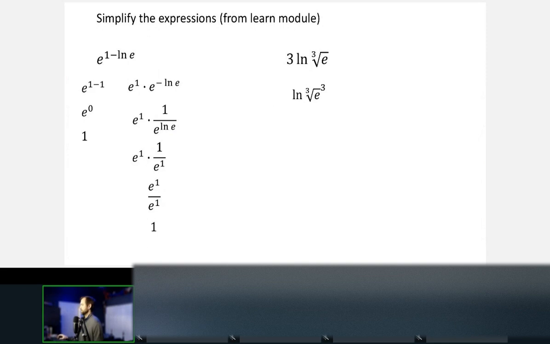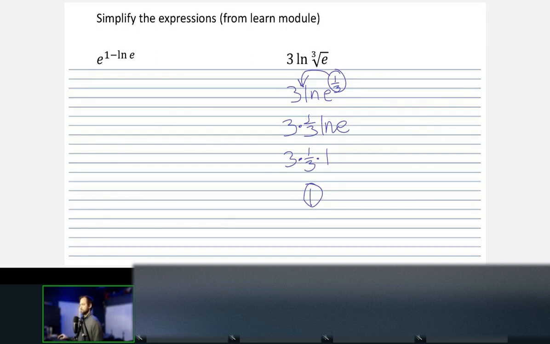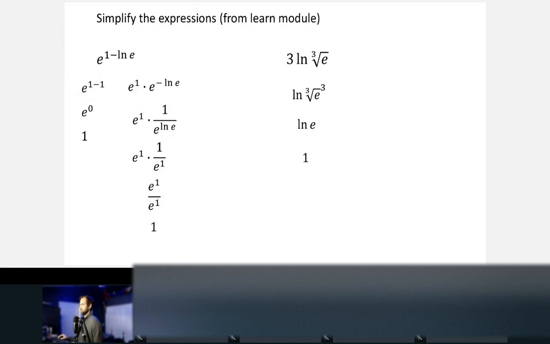And then everyone can see that we're cubing a cube root. So what happens to the radical and the power? Yeah, it cancels out. How cool is that? And then, of course, natural log of e, we all know, is 1. That way is about the same number of steps, really. It's not any faster. It's just different.